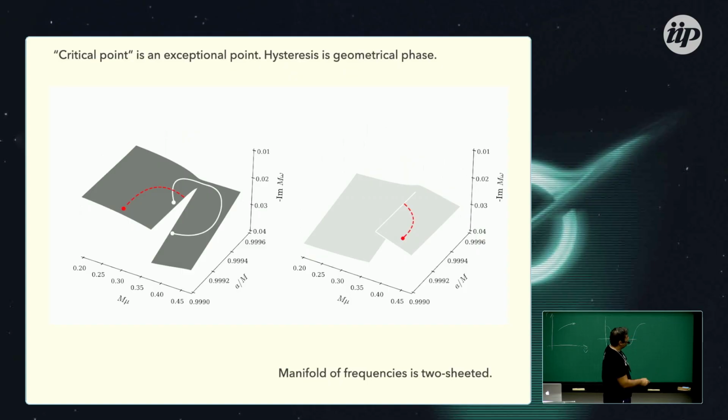If you go around this two-sheeted surface twice, you end up at the same point. So there's a sort of square root branching point here. I'll try to phrase that a bit better. But this means that there is a geometrical phase here. Usually it would be called Berry phase if this was a Hermitian Hamiltonian.